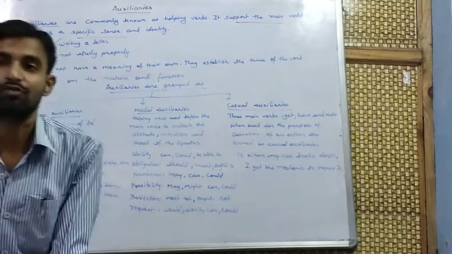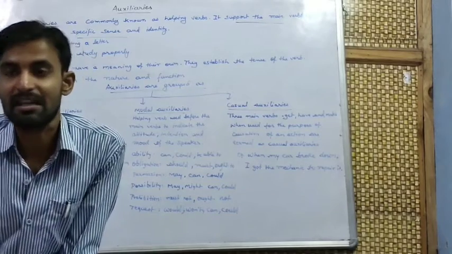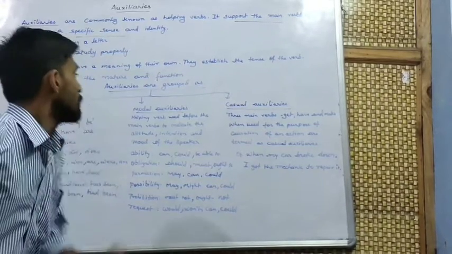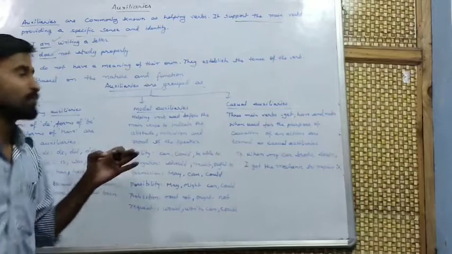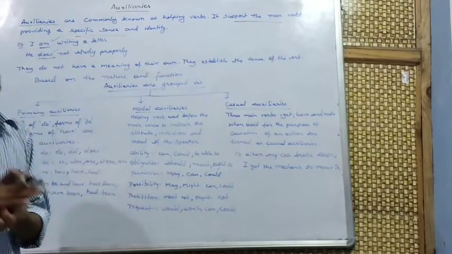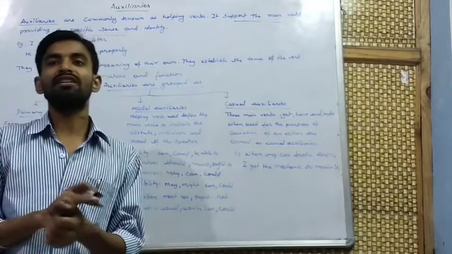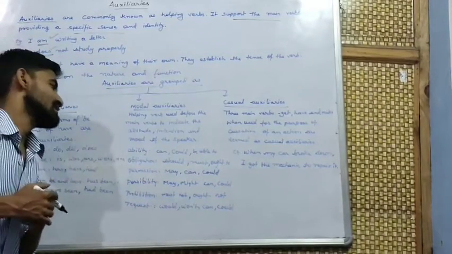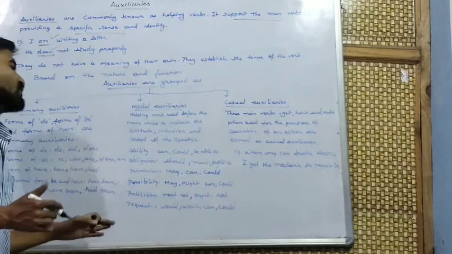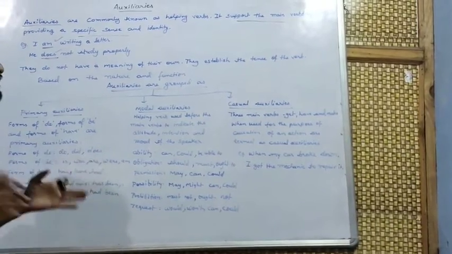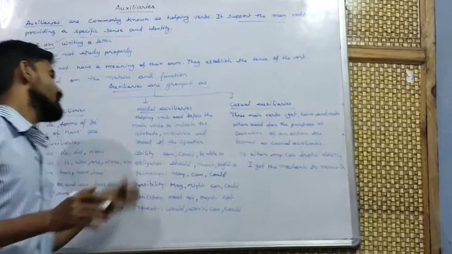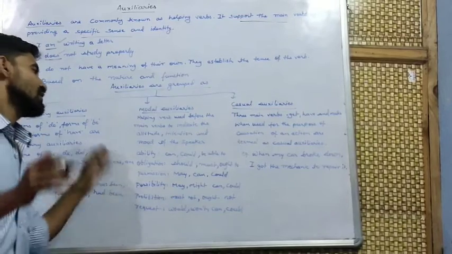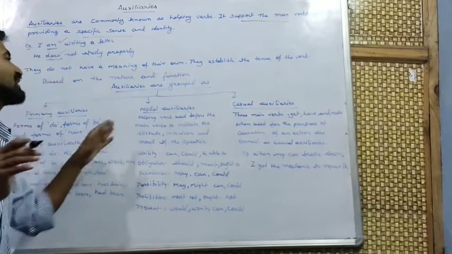Here some special things are shown. Those helping verbs which show the mood and the attitude of the speaker are termed as modal auxiliaries. Here I have written the most used auxiliaries, especially the modals.